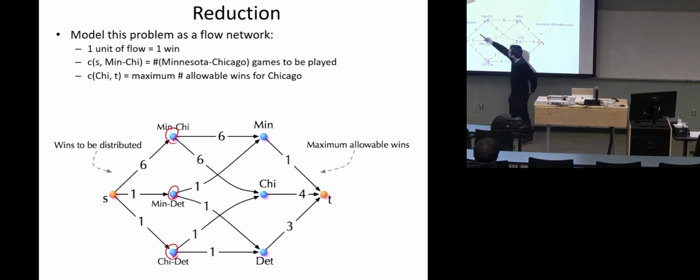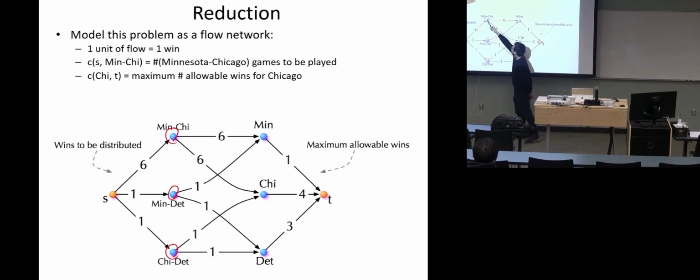What about this number? This should be the number of wins that these matches need to distribute somehow. And where can it distribute to? Each of these will just distribute to either Minnesota or Chicago.